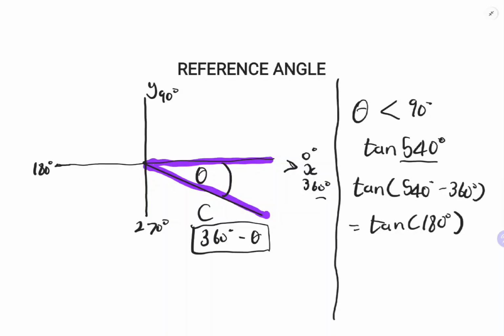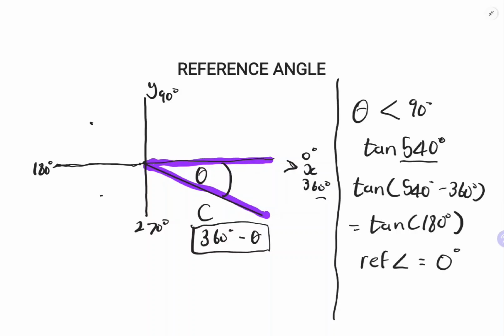So, okay, maybe let's not use 180 degrees, because 180 degrees is over here. It's neither here nor here. But even in this case, what would the reference angle be here? It would be 0 degrees.